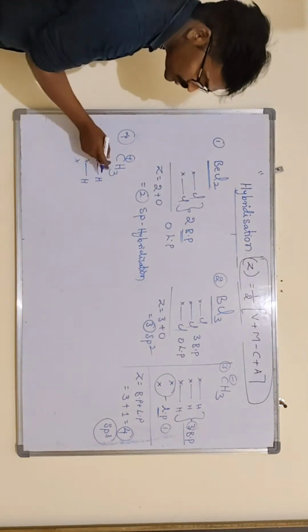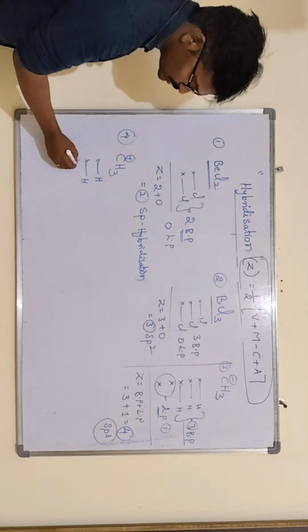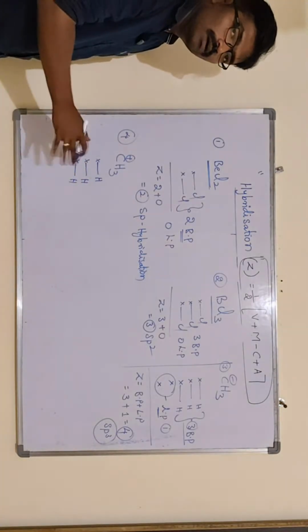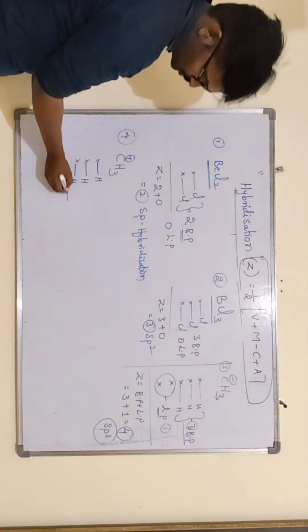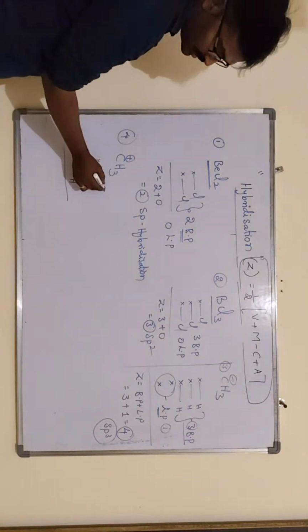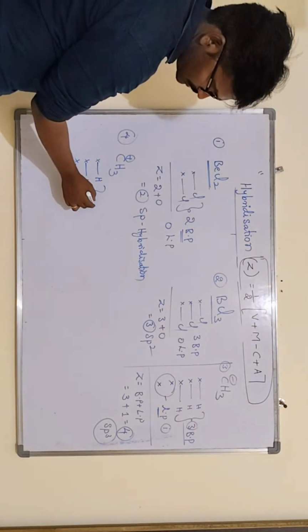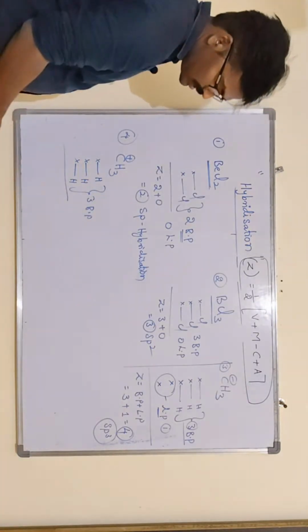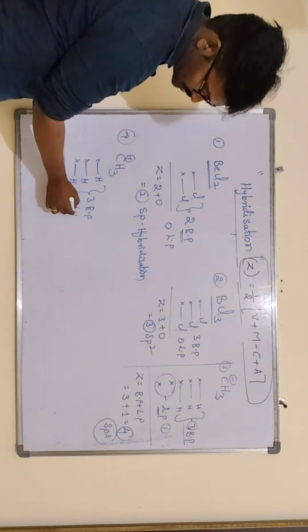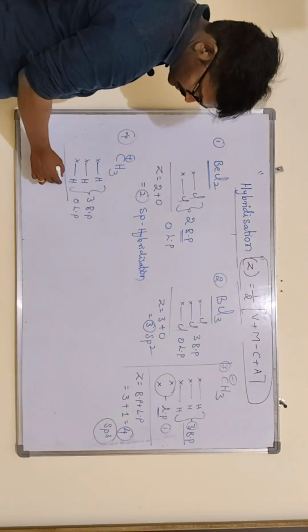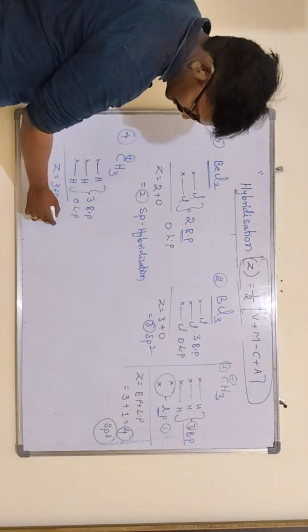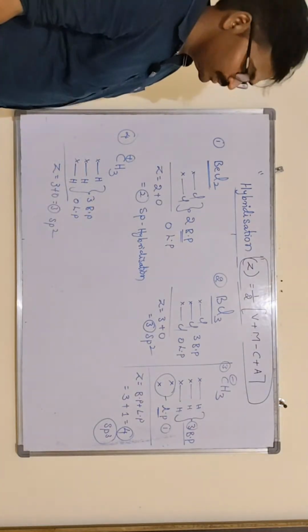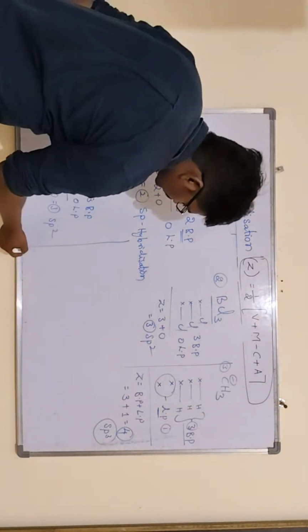How many hydrogen atoms are there here? 3 are there. Clear? So how many bond pairs are there? 3 bond pairs. Lone pairs? 0 lone pairs. Total Z value 3 plus 0 equals 3. When 3 is there, sp2 hybridization. Clear? Next, one more example, look at.